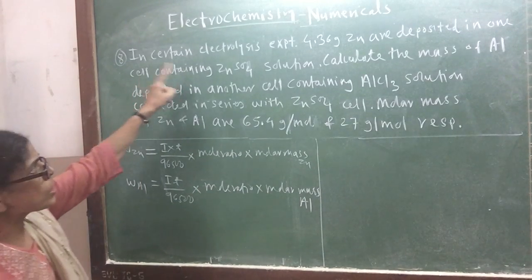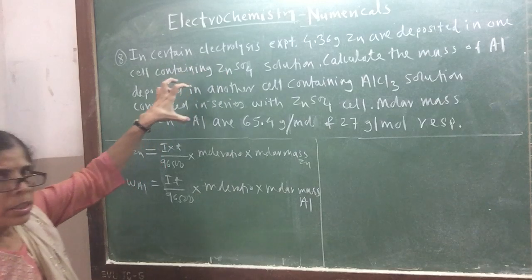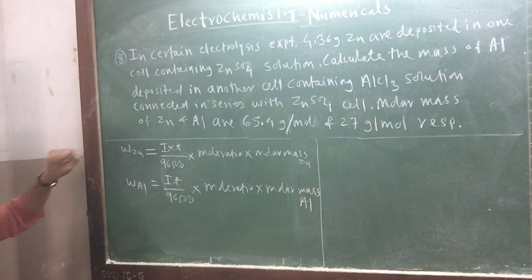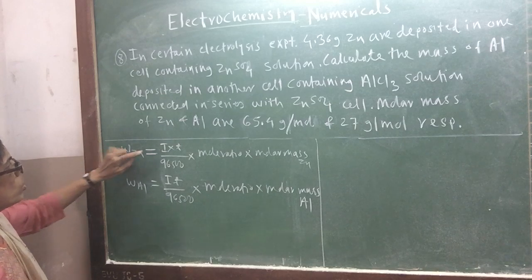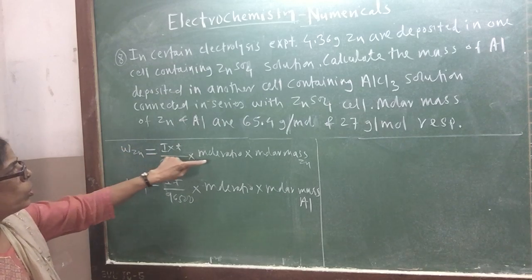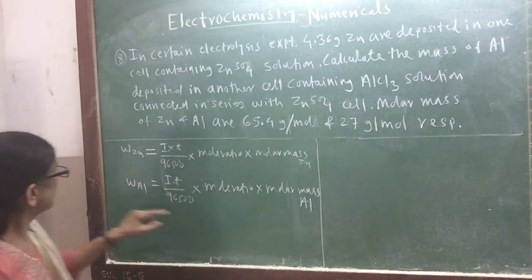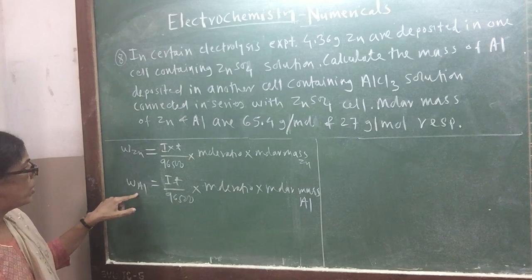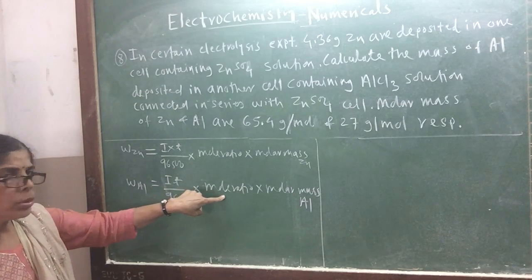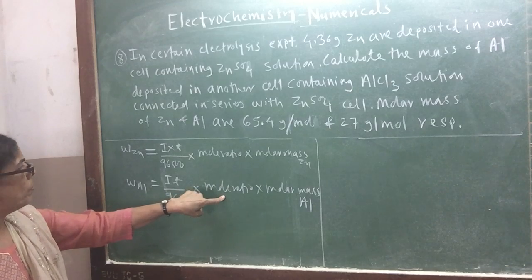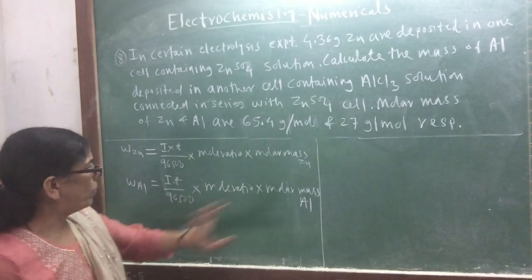Now in this electrolysis experiment, these depositions will be there after passing the same quantity of electricity. So W_Zn is equal to IT upon 96500 into mole ratio into molar mass of zinc. W_Al, the mass of aluminium deposited, is equal to IT upon 96500 into mole ratio in that particular aluminium cell into molar mass of aluminium.